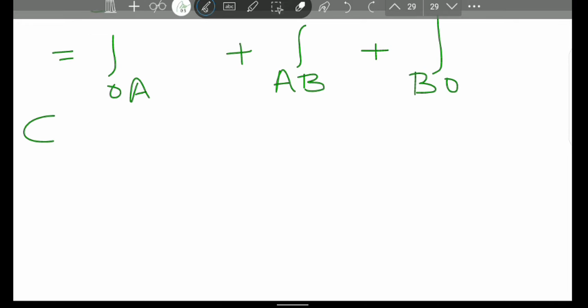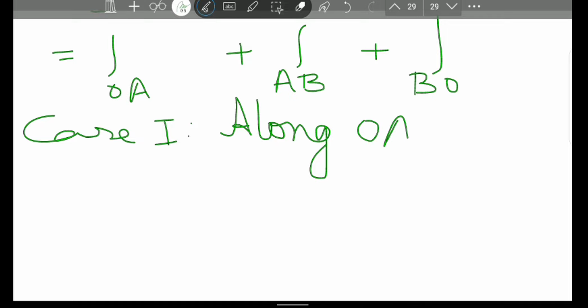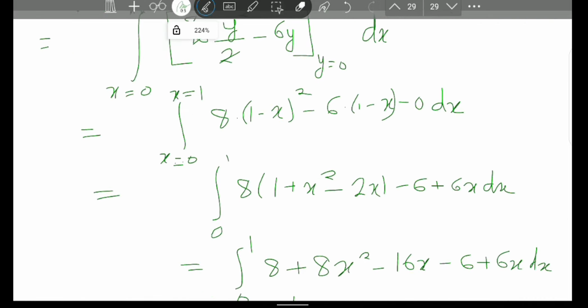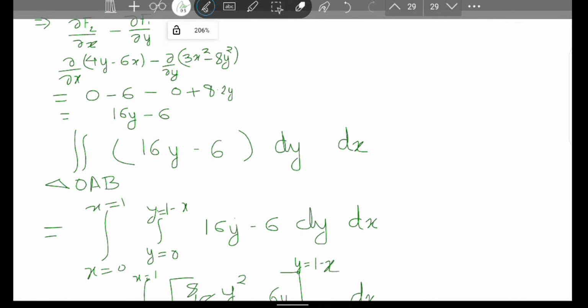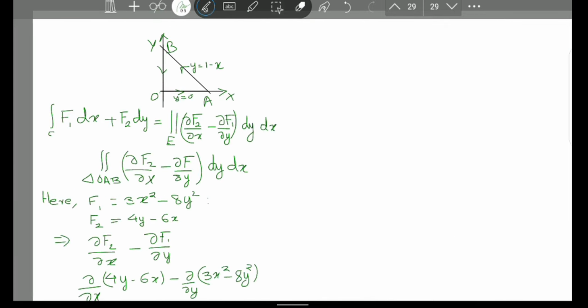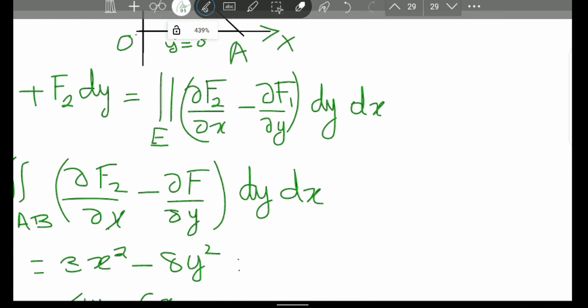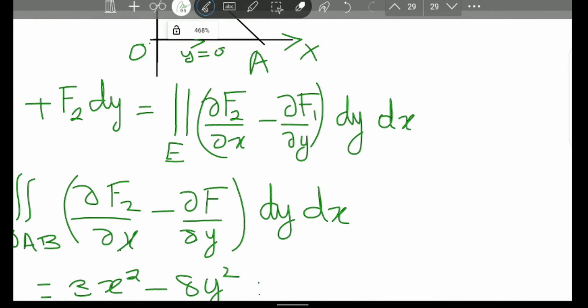So, case 1. Along OA. Let's look at the figure. What do we have along OA? Along OA, we have y equal to 0 and x is changing from x equal to 0 to x equal to 1.